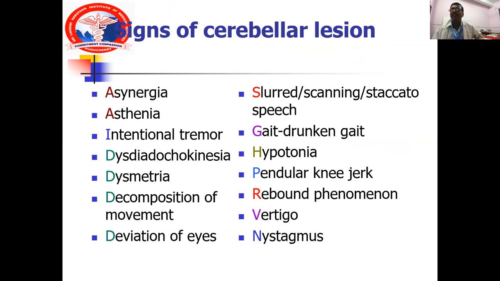Signs of cerebellar lesion: asynergia, asthenia, intention tremor, that is, at rest no tremor, but when attempting to do something, tremor will appear in cerebellar lesion. Dysdiadochokinesia, dysmetria, decomposition of movements, deviation of the eyes, slurred or scanning or staccato speech, drunken gait, hypotonia, pendular knee jerk, rebound phenomenon, vertigo, and nystagmus.